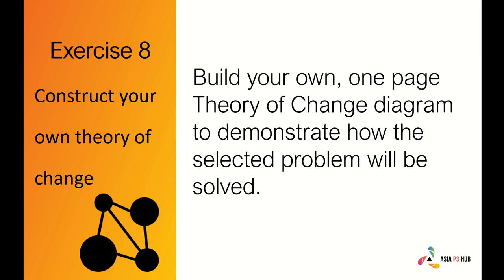It has four components at a minimum: inputs, meaning resources; activities; outputs; outcomes. These are really critical. Of course, impact and vision are also part of that. In this exercise, you build your own theory of change diagram using the work that you have already done in the previous exercises. You should now, by this point, have a complete theory of change that you should be proud of.